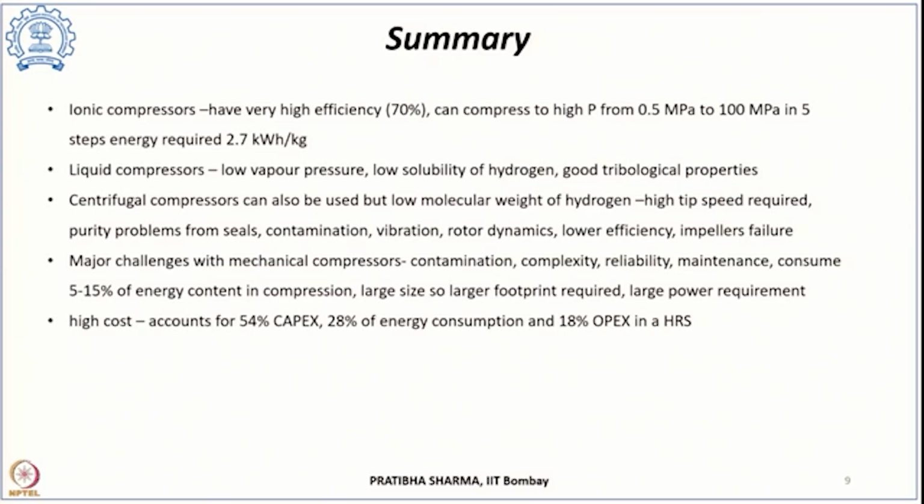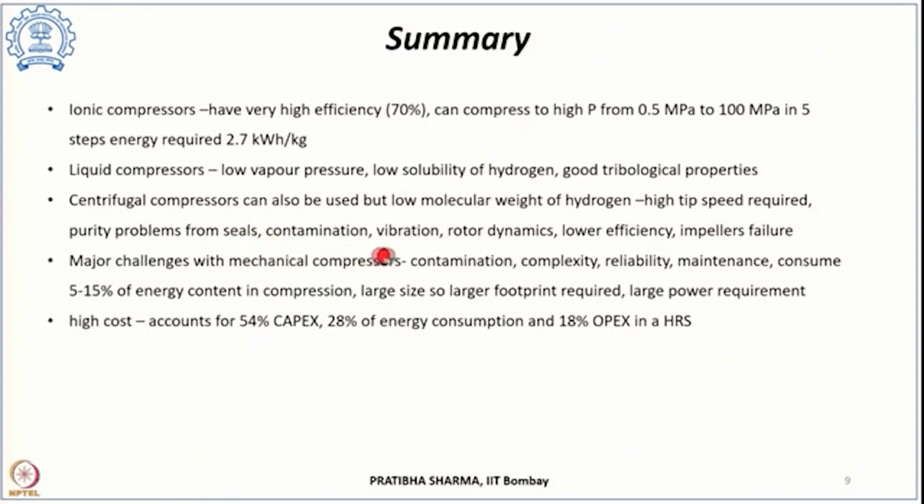Now, another choice could be a centrifugal compressor. But the major problem in using a centrifugal compressor is that the molecular weight of hydrogen is very low. So, if we want to compress hydrogen to an appreciable pressure, a high tip speed will be required, and then there will again be problems associated with contamination, because that contamination will come from seals.